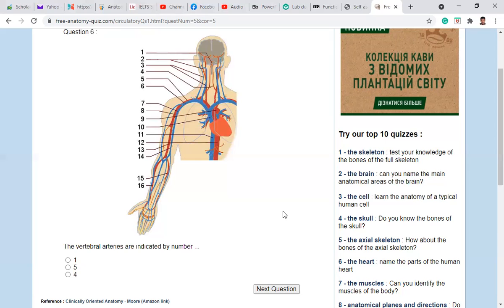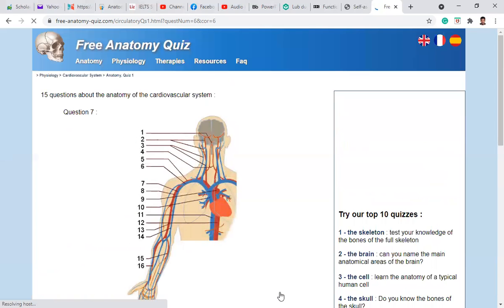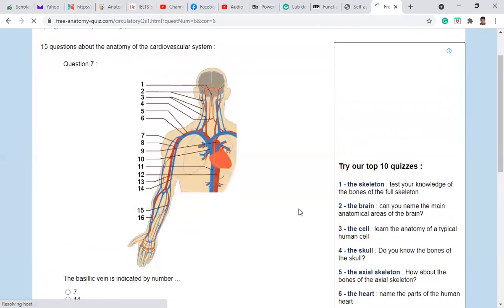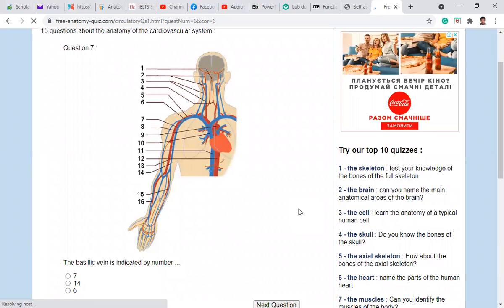Let me see. It's 4. It's from the vertebral. Okay, you think it's number 4. Next question. Basilic vein is 14. Yes, number 14.